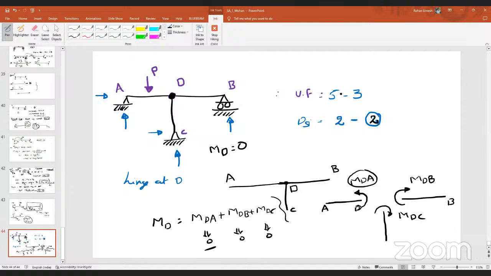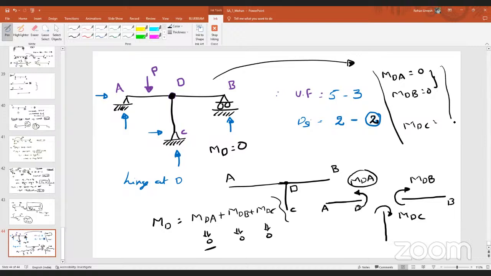Now, if I tell you that MDA is 0 and MDB equal to 0, what will be my MDC? Consider this case, and if I am telling you that my MDA is 0, MDB is 0, what will be my MDC value? 0.